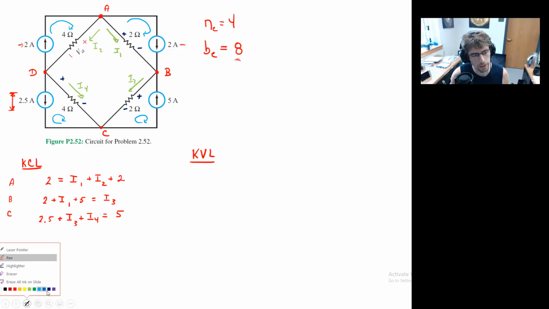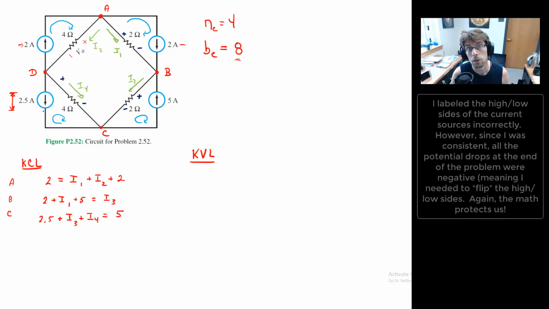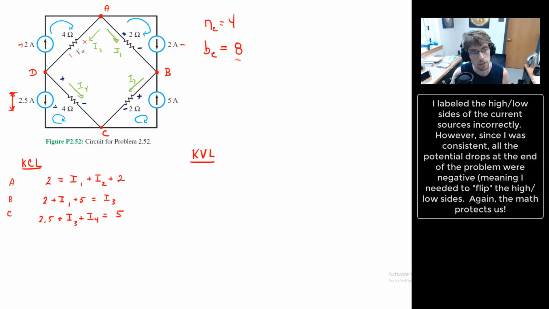And although I did not label the high and low sides for the potential or the current sources, let's go ahead and do that now. Okay. So I'll call this the high side, and I'll call that the low side. So we'll say that it goes from the high side to the low side, high side to low, high side to low side. There we go.